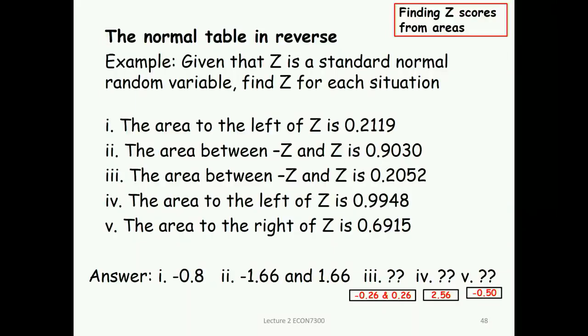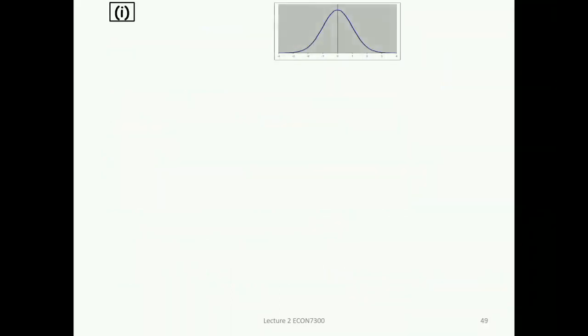So the first one, I'm doing the first two. This is between, this is to the left. This information is given. If I have this information in my mind, I know immediately Z is negative. You have a table for Z positive and a table for Z negative. I don't need the positive now because I know already it is negative.